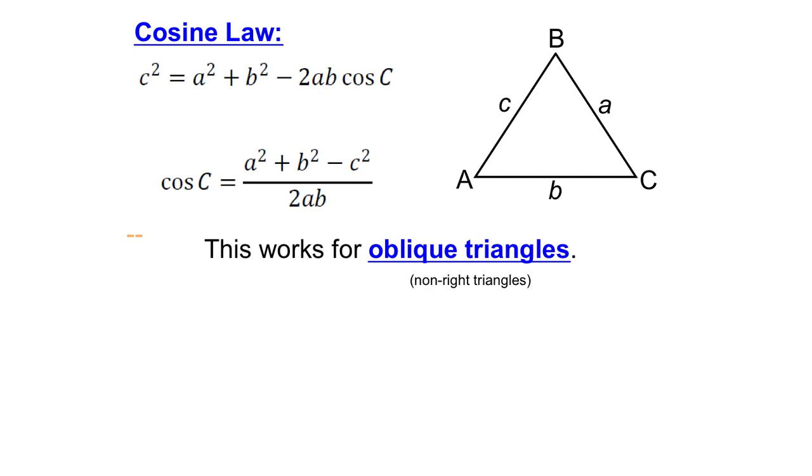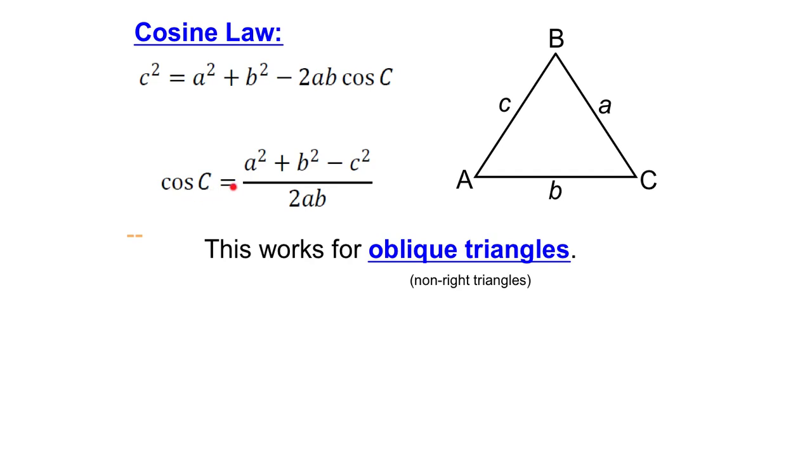So if you can't use the sine law, meaning you don't have a matching pair of an angle with its opposite side, you have to use the cosine law. Here it is. c squared equals a squared plus b squared minus 2 times a times b times the cosine of angle C. If I rearrange this equation, it ends up looking like this.